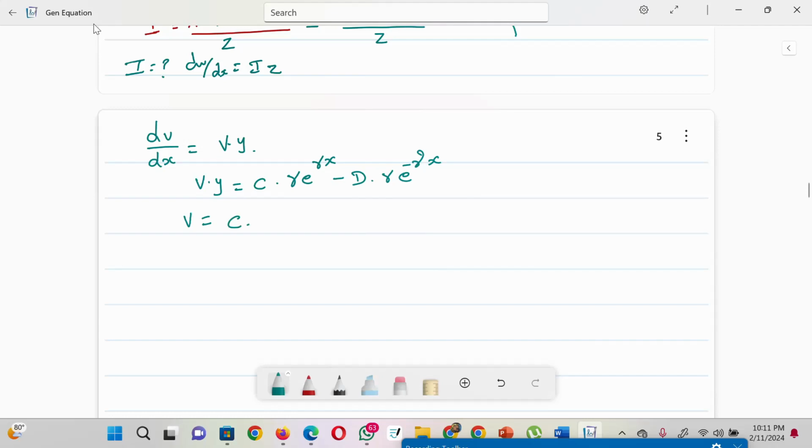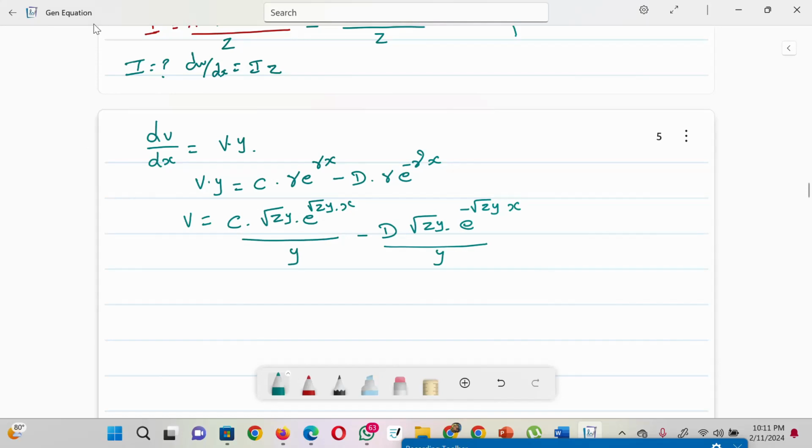V equal to c into root zy e power root zy into x over y, minus d into root of zy e power minus root zy into x over y.